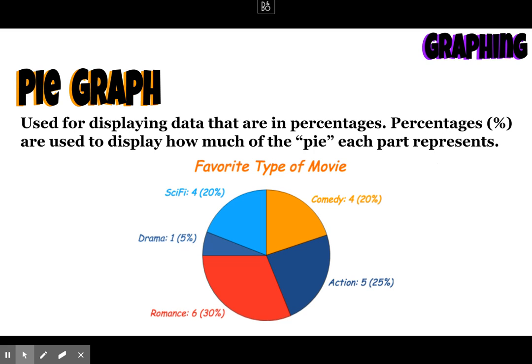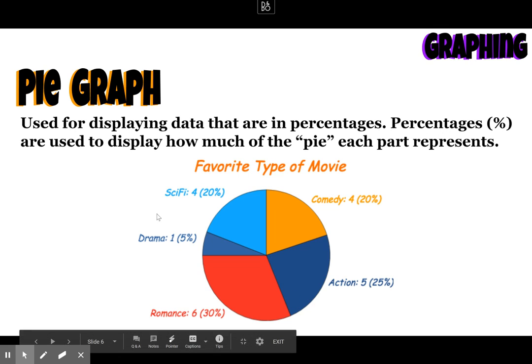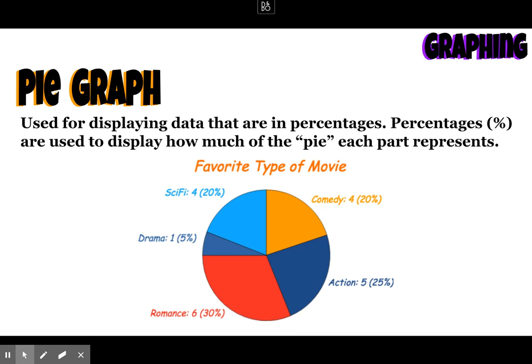The second type of graph we're going to talk about is a pie graph. And pie graphs are used for displaying data that are in percentages. And percentages are used to display how much of the pie each part represents. So when we're looking at this pie graph here for favorite type of movie, they surveyed 20 people. And so we were able to see what percent of those 20 people had these favorite types of movies.